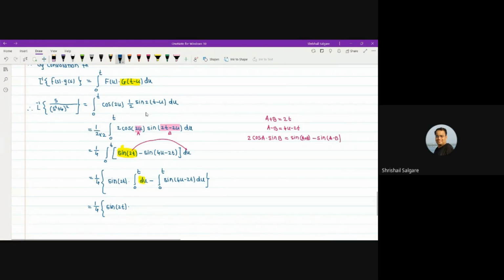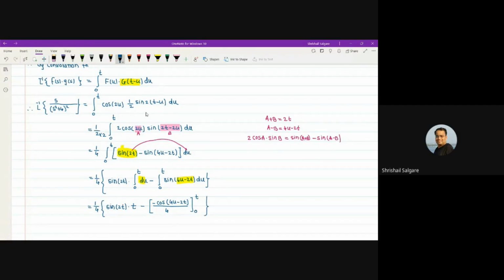Now this is a definite integral with integrand 1. So evaluation of the integral is given by upper limit minus lower limit, that can be written as t only. Second, integration of sine is minus cos, is it right? 4u minus 2t divided by derivative of 4u minus 2t, which is 4, and limits for the integral are from 0 to t.